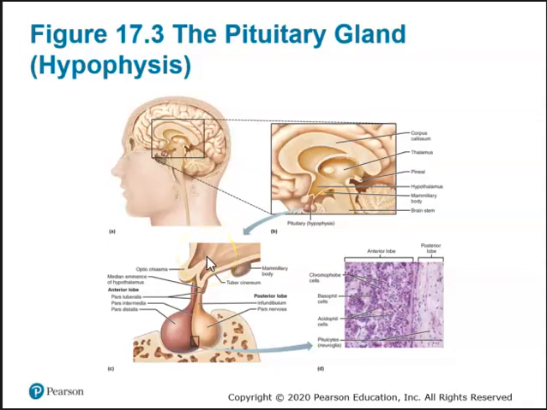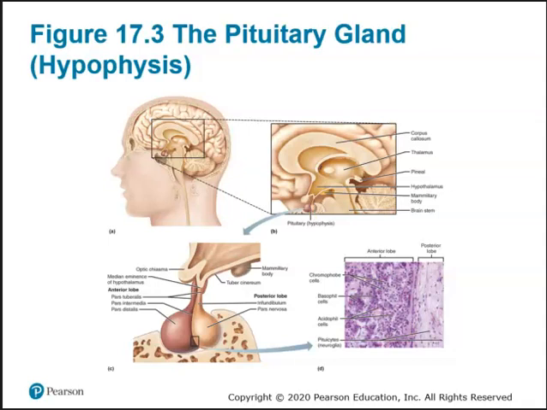So part A will show you a sagittal view of the brain. B is an enlargement of the central area in part A that shows the pituitary or hypophysis gland. This gland here is actually superior to the brainstem but inferior to certain structures in the brain.